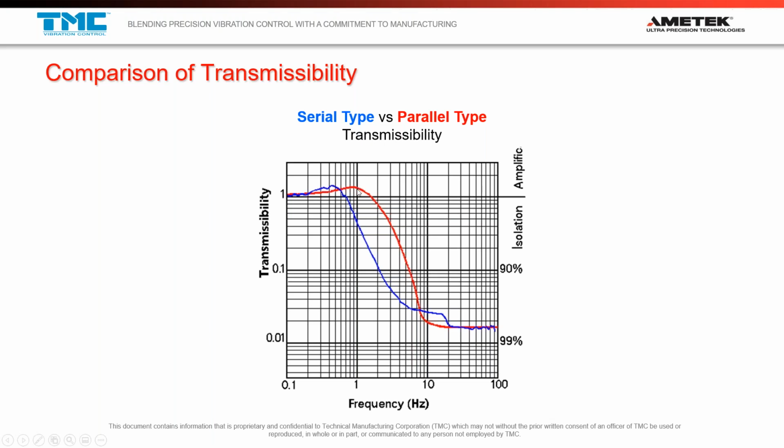Now there is an amplification that sometimes shows up in serial type systems, but what's interesting about that amplification is that it's due to the control loops, and it manifests itself in a drift that is very, very low frequency, and at that frequency, most things are behaving as a rigid body.